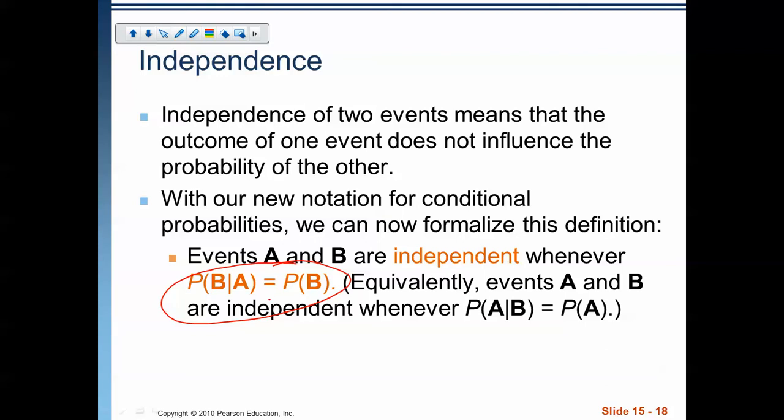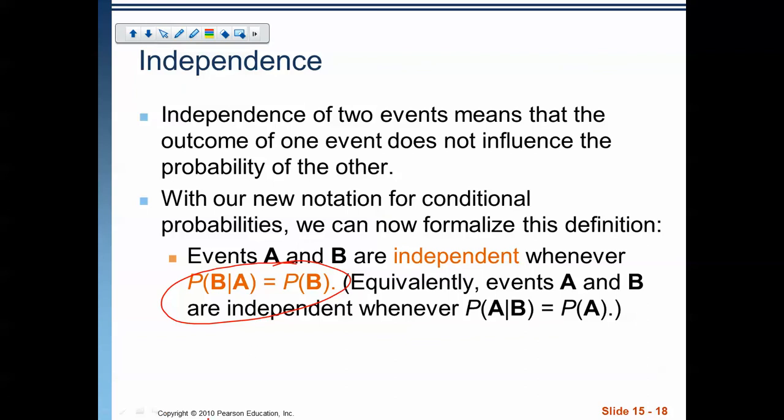And is that the same as knowing the probability of event B happening without any information about A? Because if these two probabilities are the same, then they don't influence each other. If I know that A existed, and the probability that B happens is the same as the probability of B happening without me knowing A has happened, then they're independent.